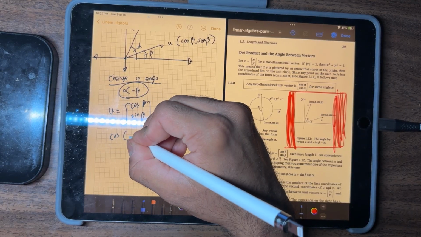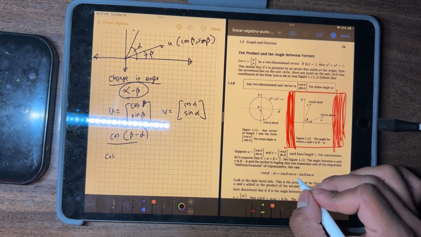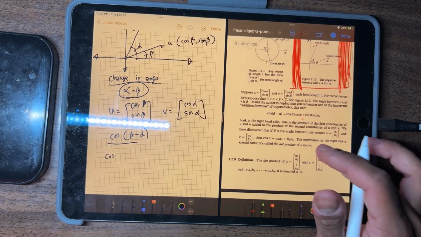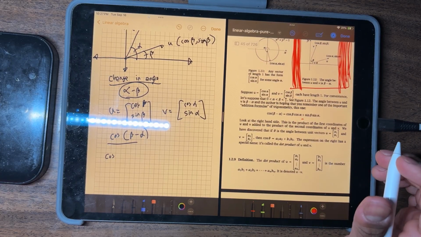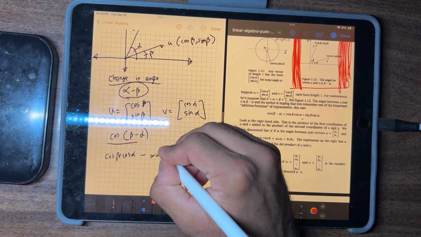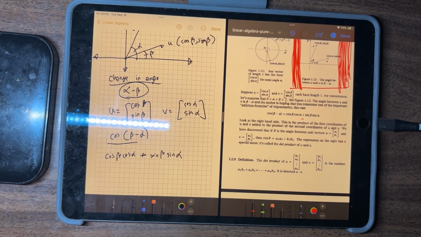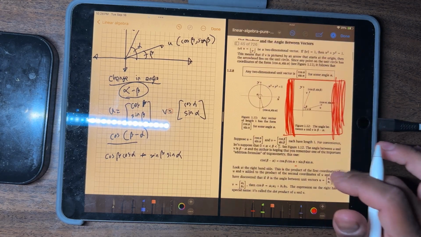If I have cosine of beta minus alpha, then, because I know there is another way where you have subtraction instead of the usual addition, I have cosine beta cosine alpha plus sine beta sine alpha. Look at the right hand side.